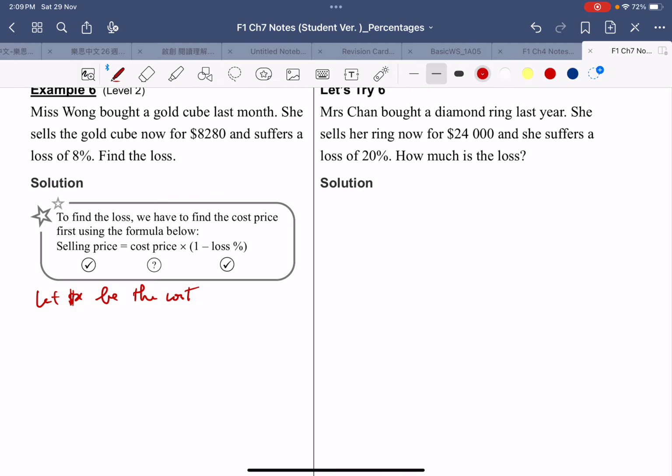So X times 1 minus 8% equals 8280. And then X, after some calculation, actually, I can write one more step, and calculate it to be 9,000.